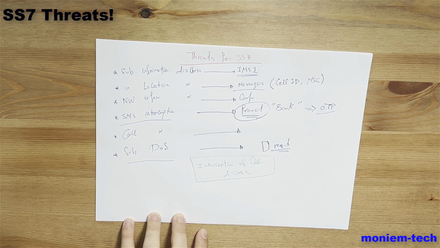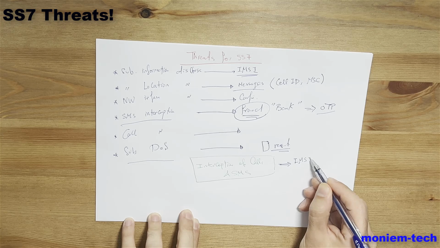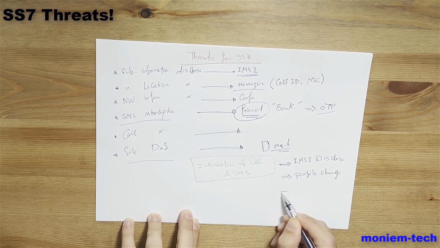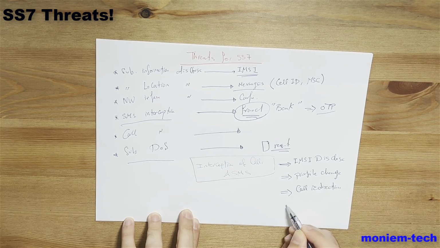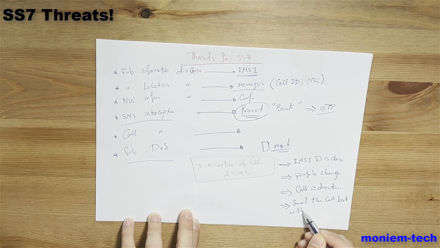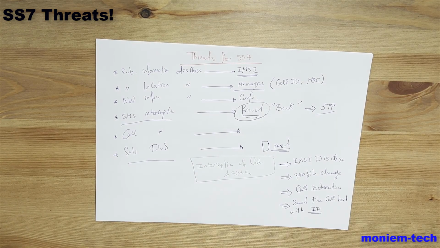If you need to make this interception, there are some steps, and they are well known: first IMSI disclosure, second profile change, and third call redirection, and then send the call back with subscriber ID spoofing. So these are the steps for voice call interception.